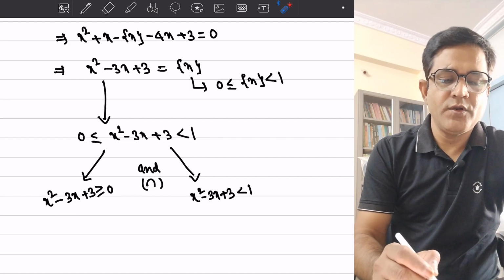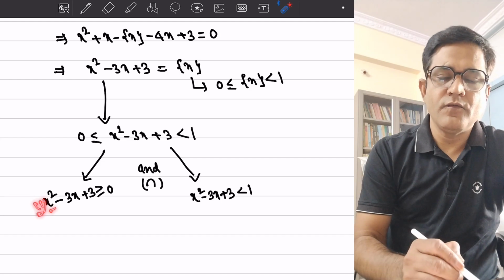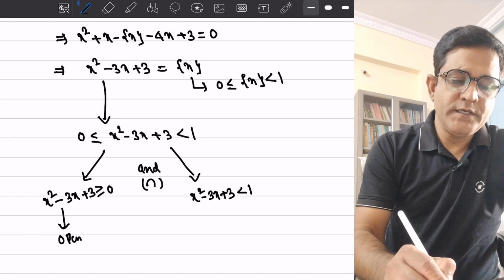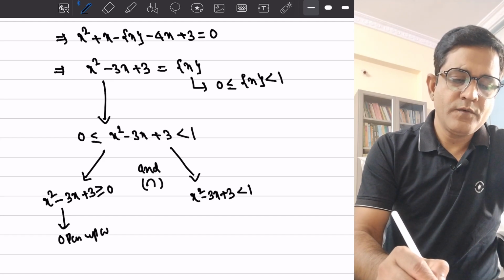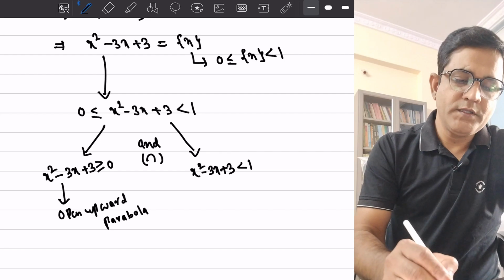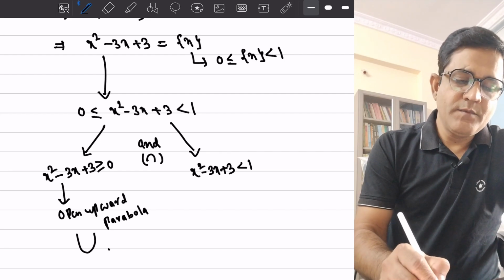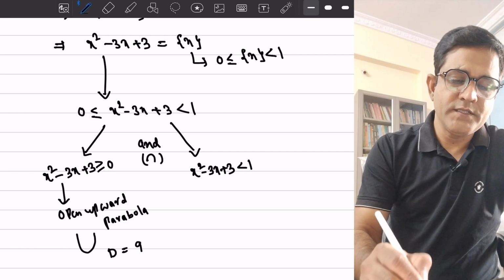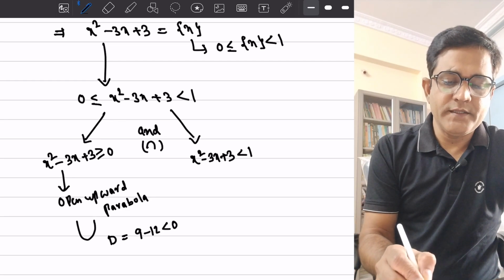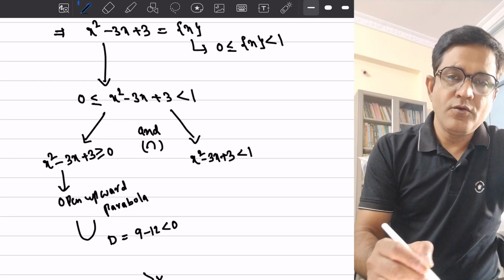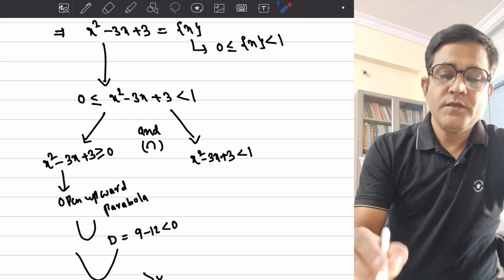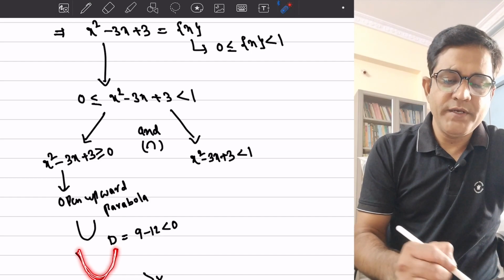A quadratic always represents a parabola geometrically, and as the coefficient of x² is 1, it is an upward opening parabola. Now we calculate the discriminant: b² − 4ac, that is 9 − 12, which is negative. So the discriminant is negative, therefore there are no real roots and the parabola lies completely above the x axis.